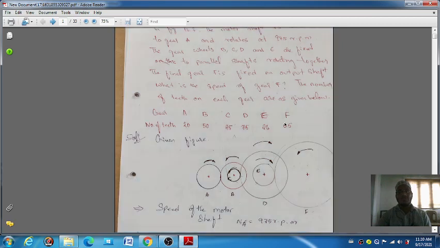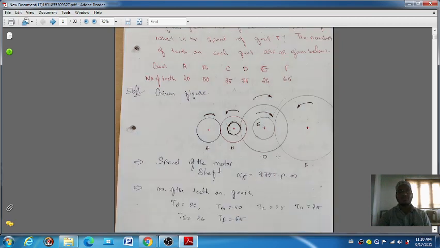Next, the number of teeth is also given. Teeth are represented as T. TA is 20, TB is 50, TC is 25, TD is 75, TE is 26, TF is 65.